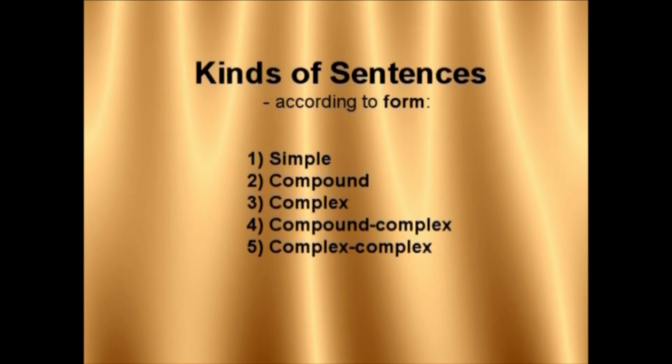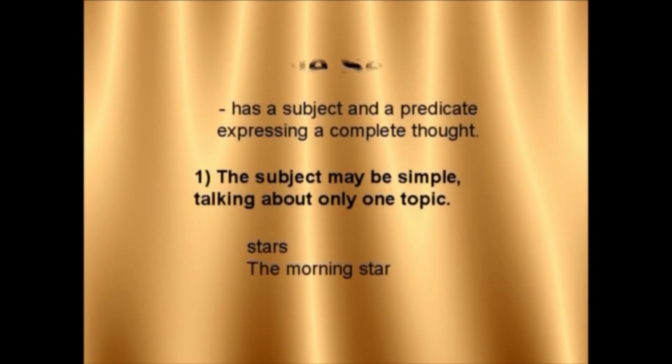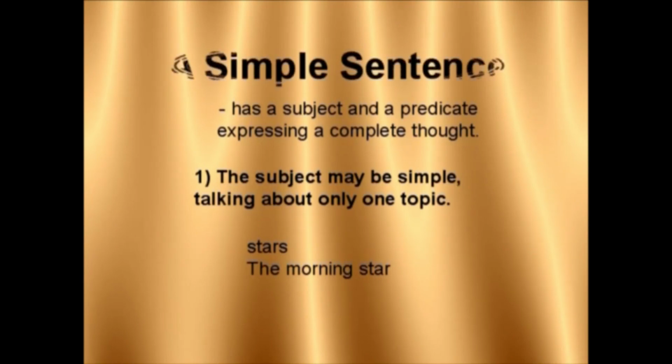Complex sentence. Although sentences are usually classified into the first 3 only, namely simple, compound, and complex, we'll take the complete 5 types here. What we have been studying so far is the simple sentence. A simple sentence has a subject and a predicate, expressing a complete thought.